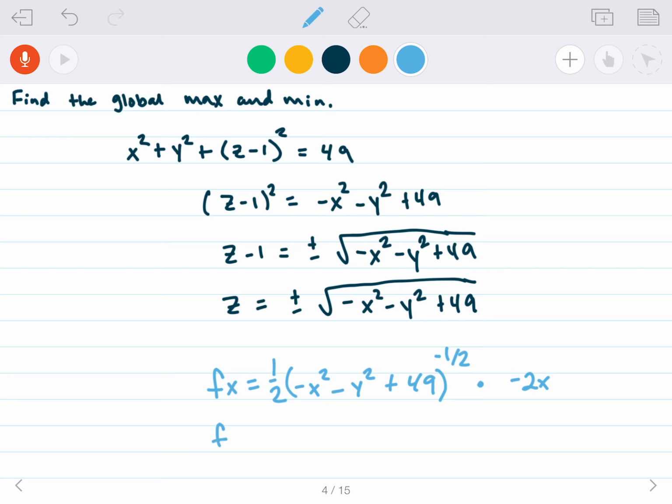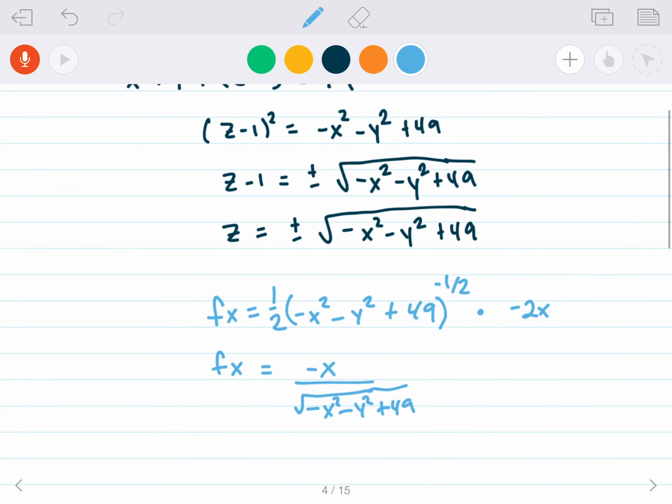So if I rewrite this, I get partial with respect to x is negative x, and then this is all over the square root of negative x squared minus y squared plus 49. Just rewriting this, because negative 2x times 1 over 2 just goes to negative x. That's where I got that. And then I just put this thing back in the denominator.